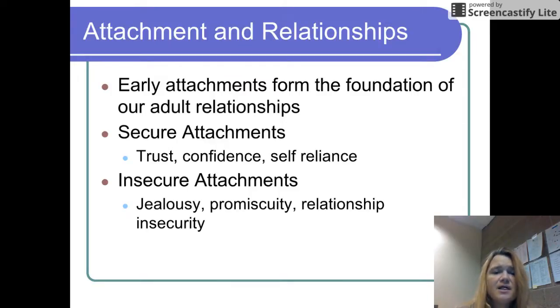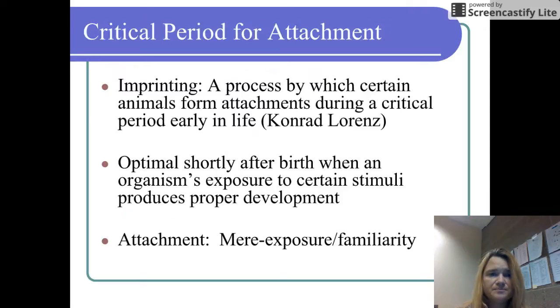Insecure attachments, they're much more jealous and much more promiscuous and have more relationship insecurities. So securely attached children are much more likely to be self-reliant, confident, and trusting in their relationships, whereas the insecurely attached children have many more difficulties with adult relationships.